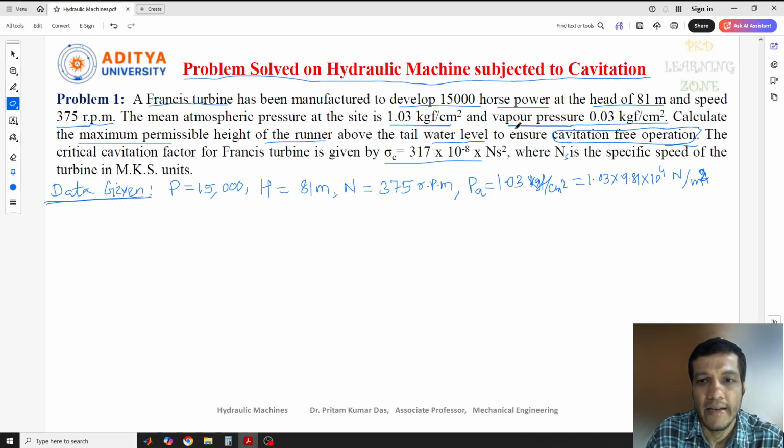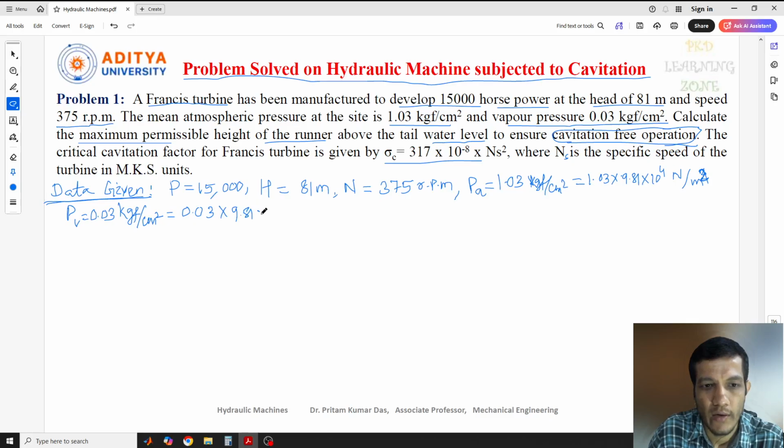The next one is the vapor pressure. In the same way, this is PV equal to 0.03 kgf per centimeter square. This also I can write in the same way, 0.03 into 9.81 into 10 to the power 4, Newton per meter square.